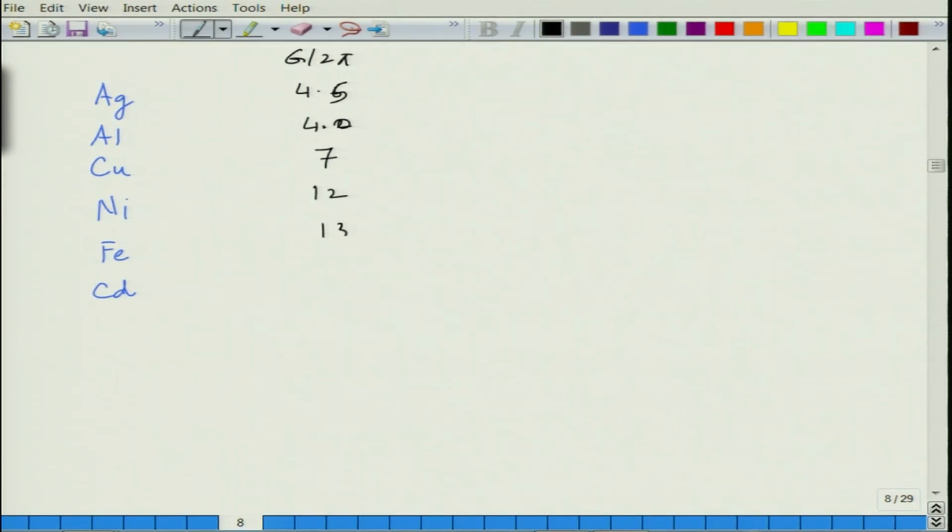Iron is about 13, cadmium is about 4, and if you look at the experimental values of sigma y, then it is in MPa.